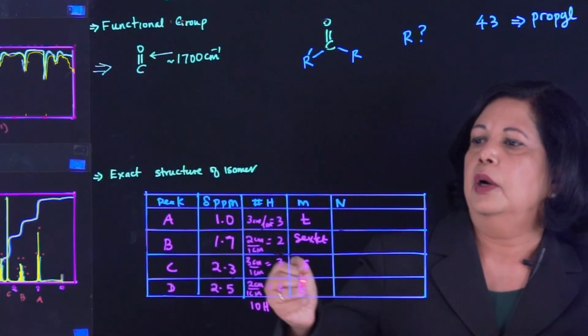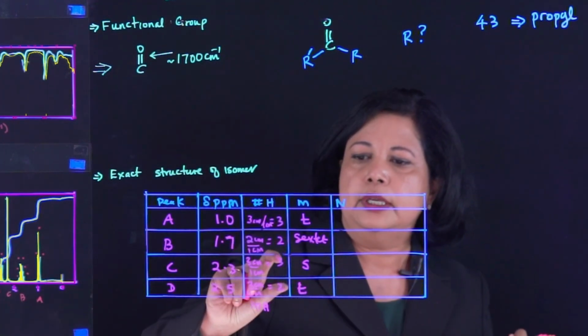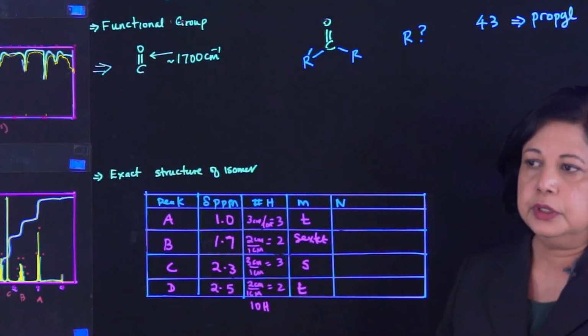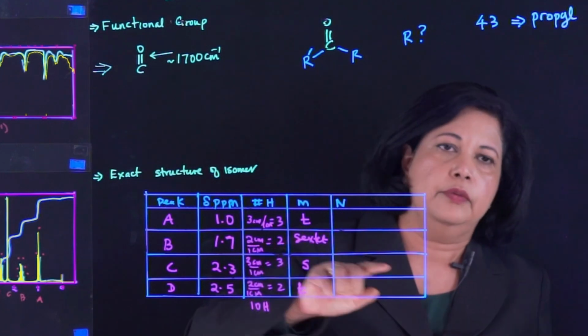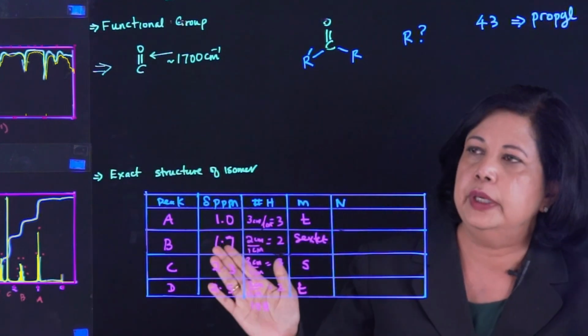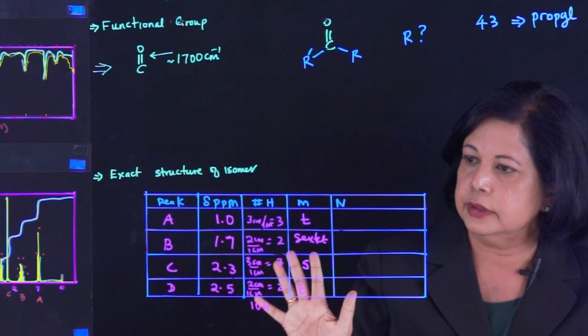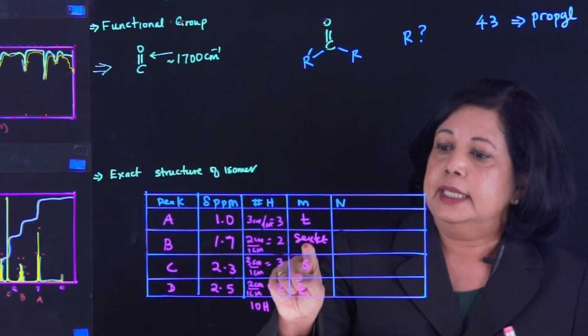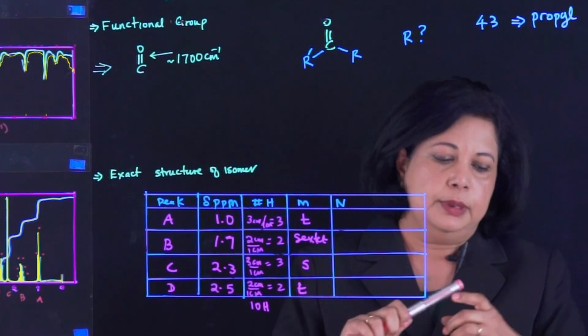Now, you might think if it's 3, 2, 3, 2, those are ethyls, but ethyls would give us a triplet and quartet. We don't see a quartet, so we know these are not ethyls. What else could they be? Let's look at triplet, sextet, triplet. How can you have triplet, sextet, triplet?